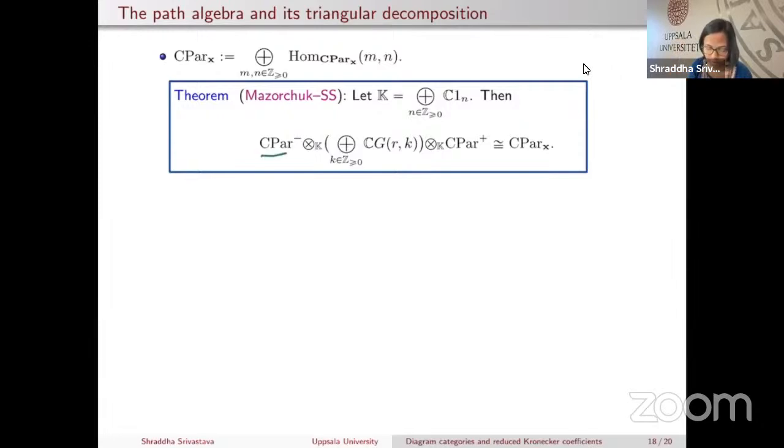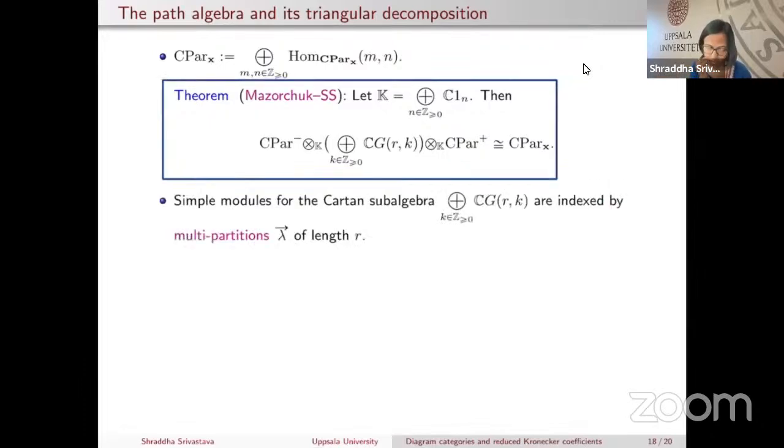And the definitions of C power minus and C power plus are slightly different than in the case of the partition category, because the colors on the top and bottom can be completely in the top or bottom. So this is slightly different, but not very different.